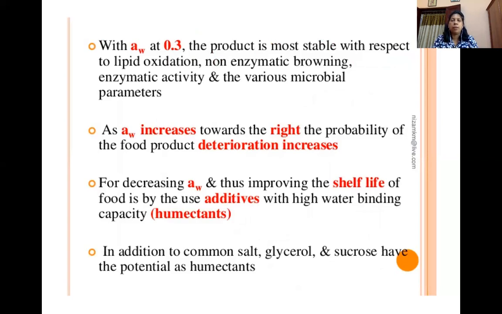As water activity increases towards the right, the probability of food product deterioration increases. That means when you go to the right side, near 1, the probability of food product deterioration increases.